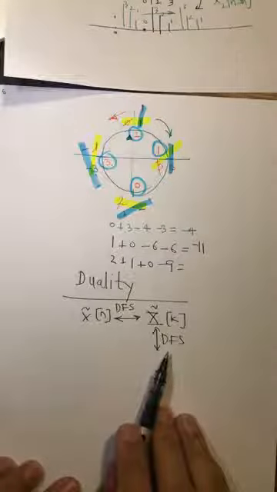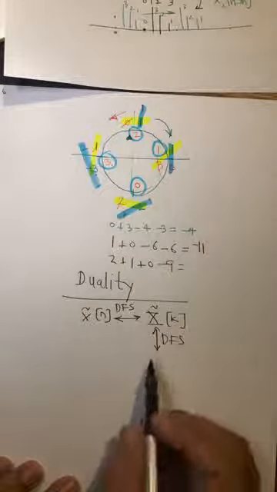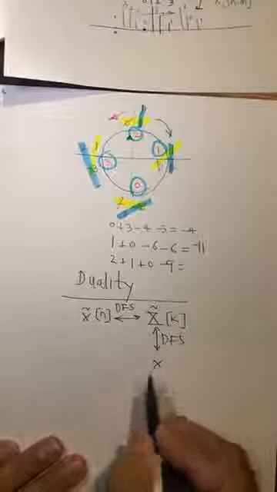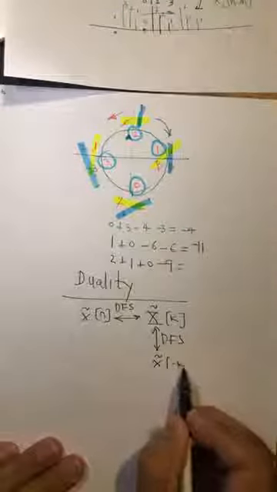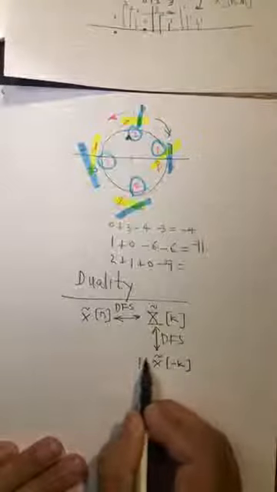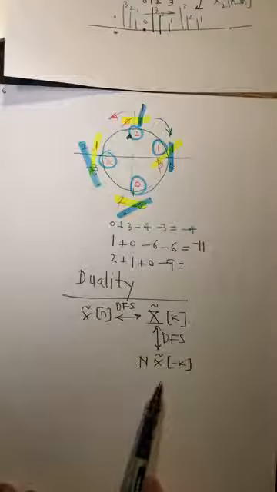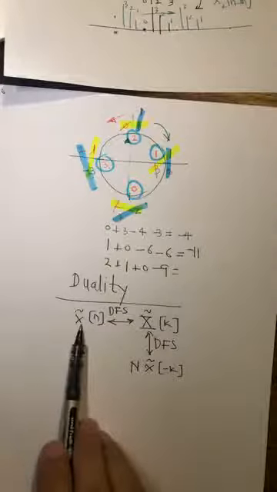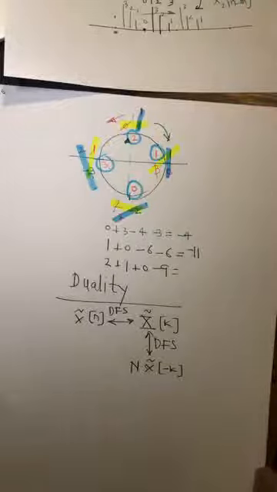It's a very interesting property which says discrete Fourier series of discrete Fourier series, and you will find out it will be something of the original signal, but will be circularly shifted and multiplied by N. So discrete Fourier series of discrete Fourier series will give you a flipped version of the original periodic signal multiplied by capital N. So this is also an important property which says a duality property.